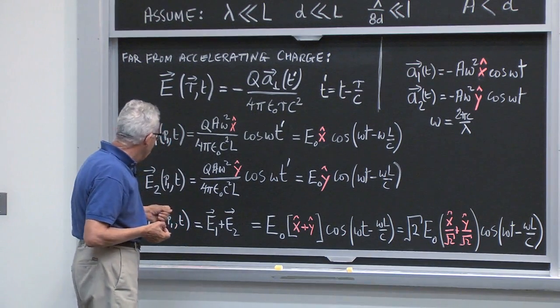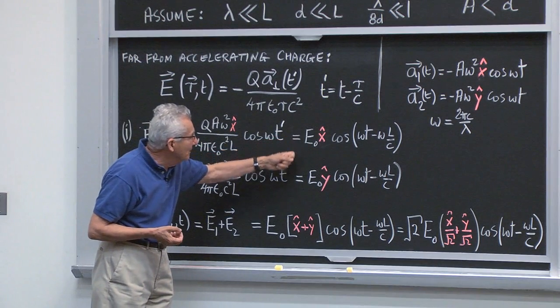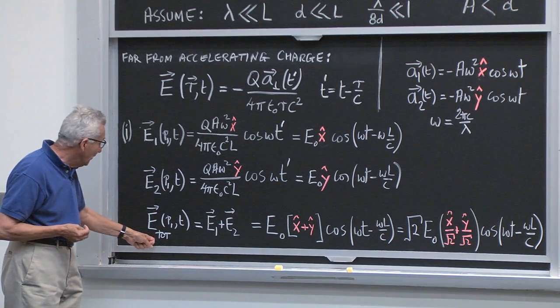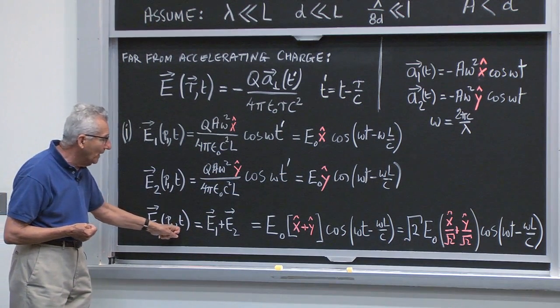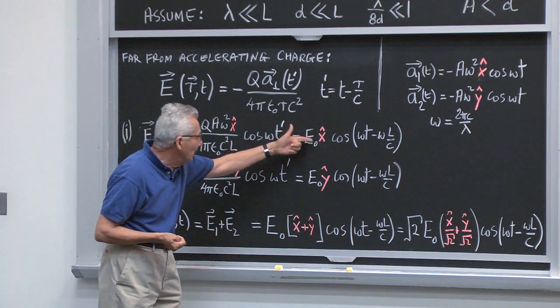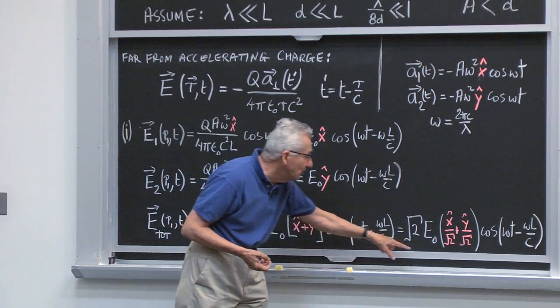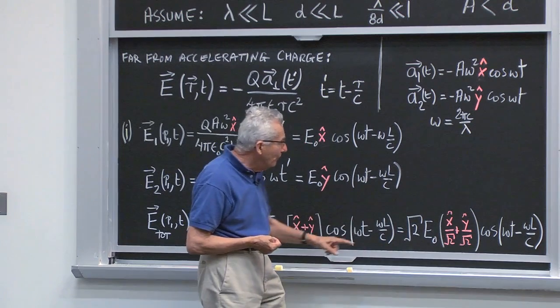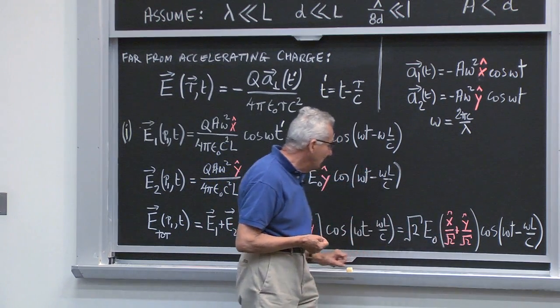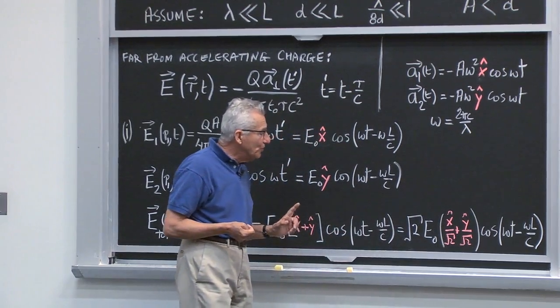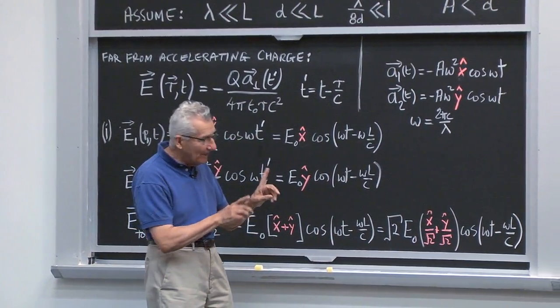All right, and so we take this vector and add it, and that gives us the total electric field at point P1. And simply from here I get E0 like that, which I can rewrite in terms of a unit vector. All right, this is a unit vector which is at 45 degrees.